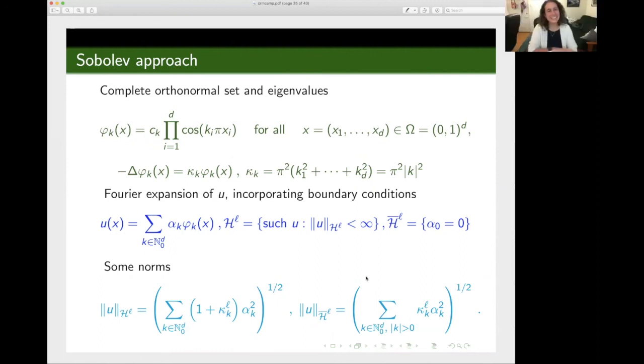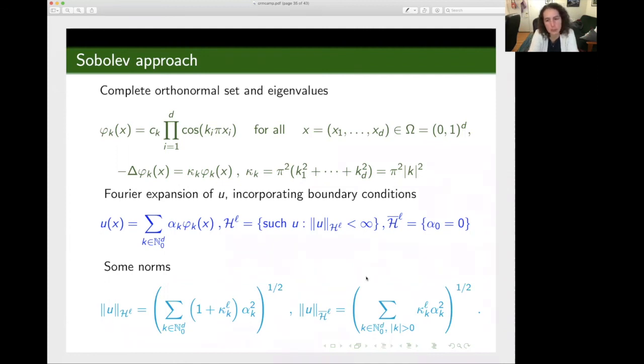Okay, so the idea here is that we would like to be able to, like I said, extend beyond to looking at weak solutions where we're actually using the natural spaces to consider these things in.